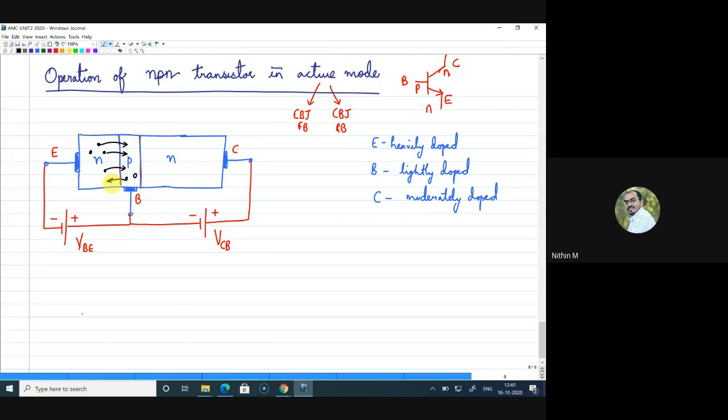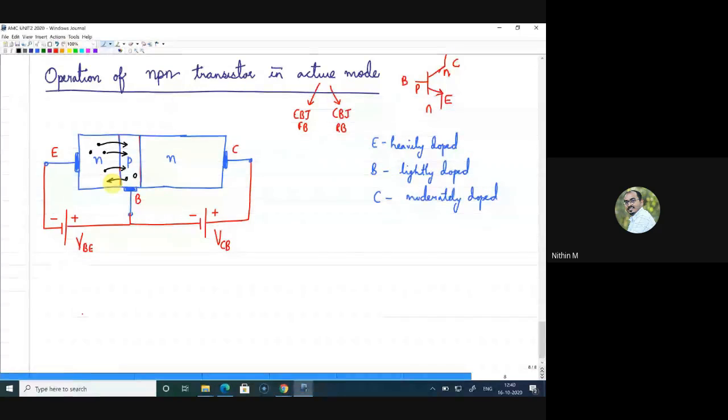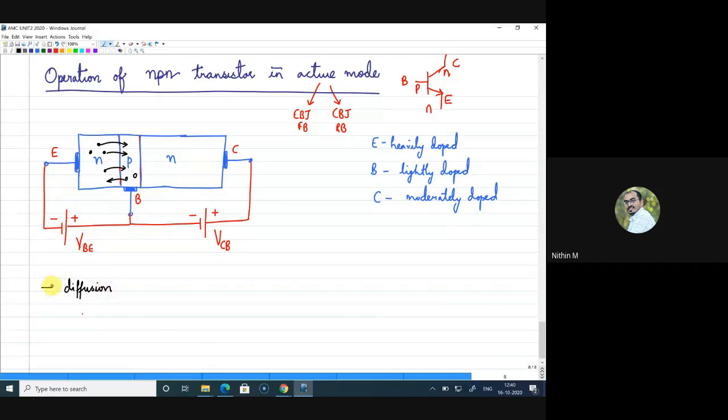This happens under forward bias. The process by which current conduction is possible here, we call it the diffusion process. Why we call it diffusion is because, if you look at these two junctions, since it is forward biased, electrons are trying to move from a region of higher concentration to a region of lower concentration, and similarly for the holes also.